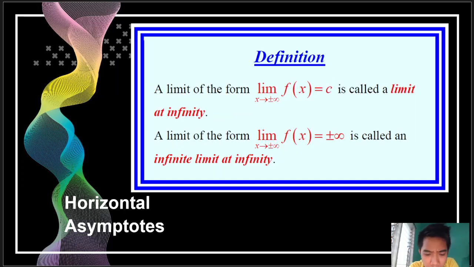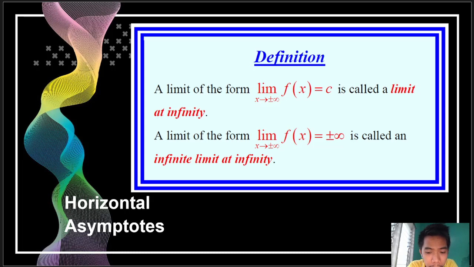Okay, another definition: a limit of the form limit of f of x as x approaches to positive or negative infinity is equal to c is called a limit at infinity. A limit of the form limit of f of x as x approaches to positive and negative infinity that is equal to positive or negative infinity, that is called an infinite limit at infinity.